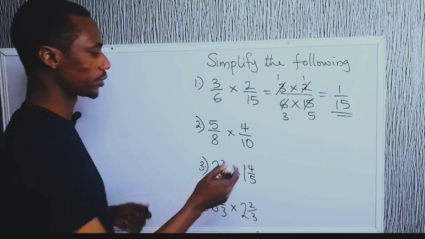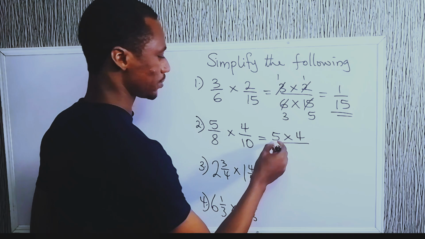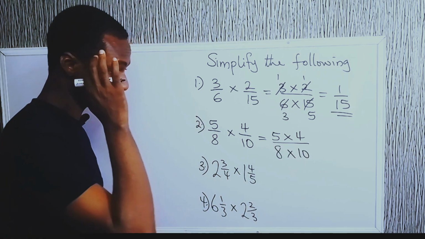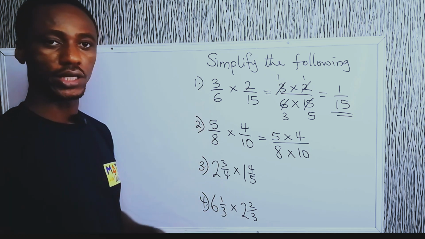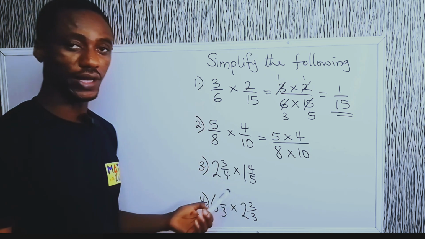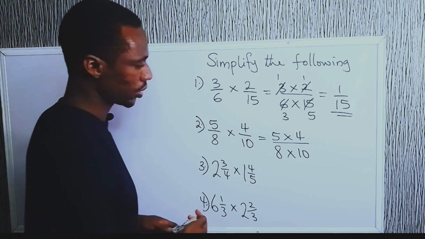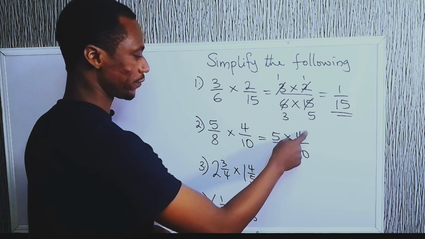Let's go to the second one. Remember, to multiply fractions, numerator times numerator, denominator times denominator. Before we do that multiplication, we have to check if there is something upstairs that can actually reduce or divide something downstairs, or if there are common factors. Here I can see 5 and 10. 5 can go in 10, and then 4 can go in 8.